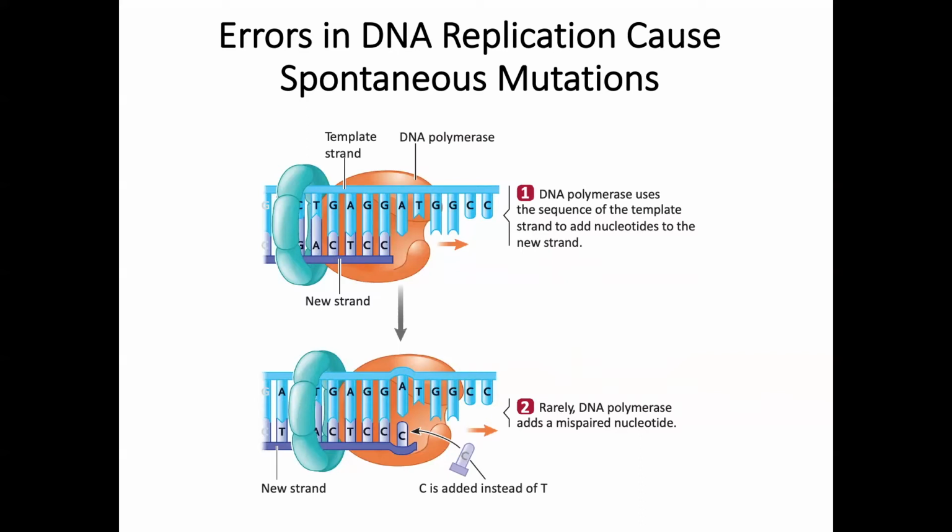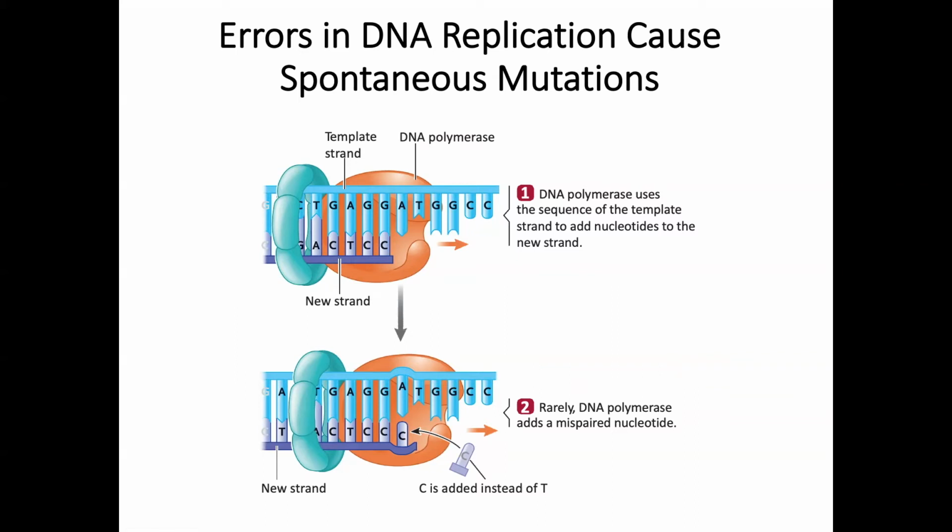But DNA polymerase is not perfect. It can make mistakes, okay? In some rare cases, DNA polymerase could incorrectly read the nucleotide on the template and then insert a wrong nucleotide into the new strand of DNA. And this mistake will lead to spontaneous mutations.